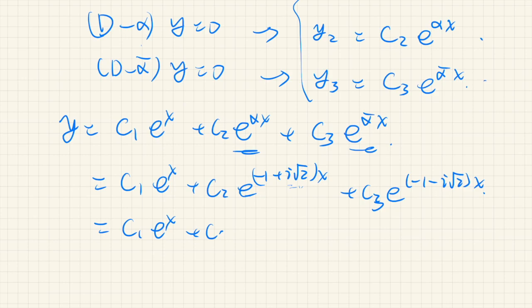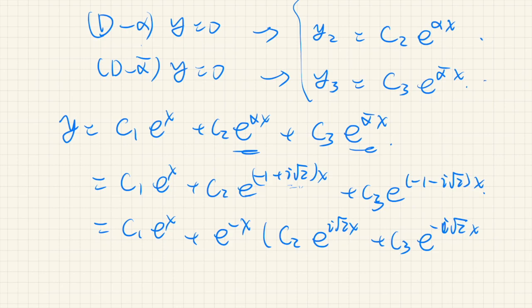Let's factorize the same terms, and we have exponential of negative x times c2 exponential of i square root of 2 x and c3 exponential of negative i square root of 2 x.